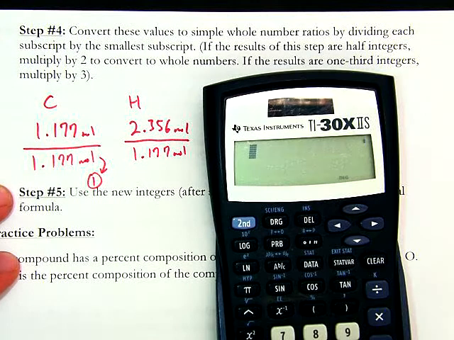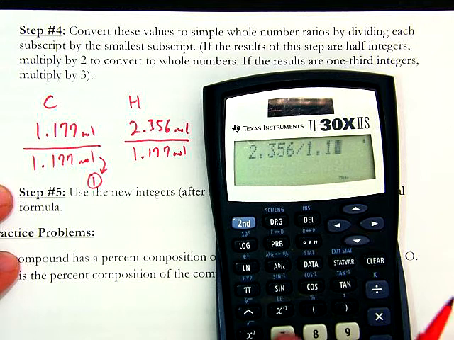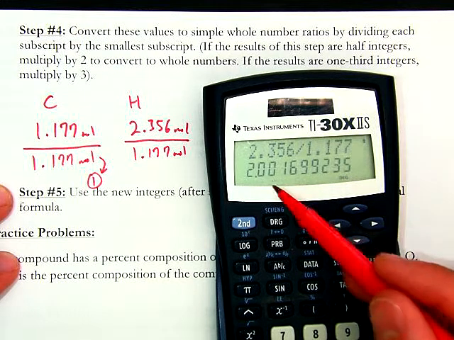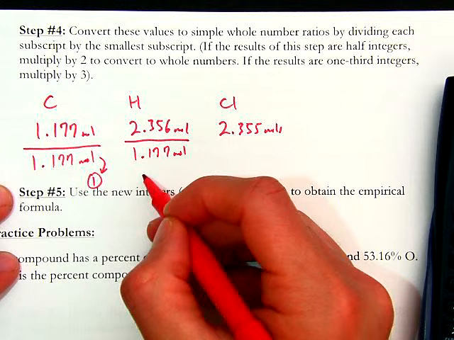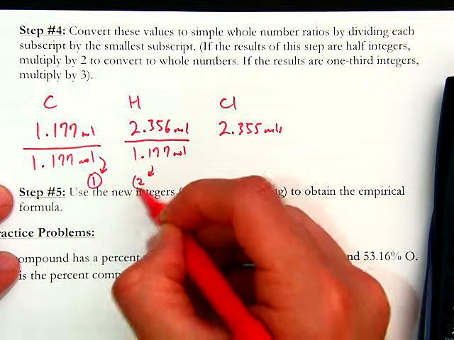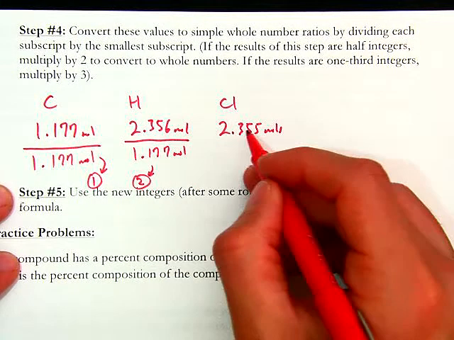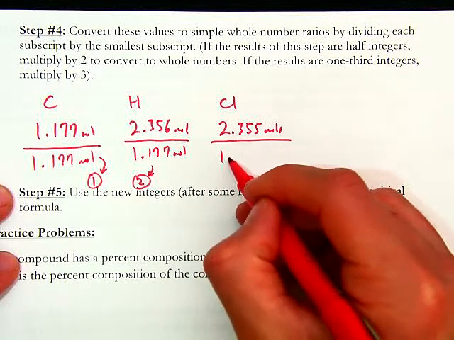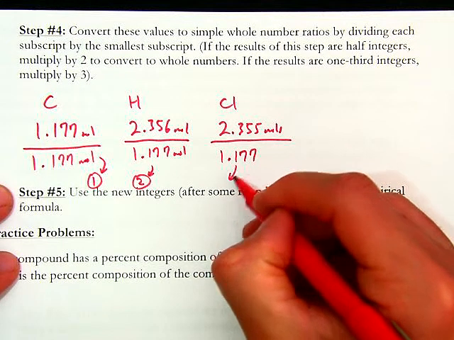If I take 2.356 divided by 1.177, I get this number, which is almost exactly 2, right? It's basically 2. We're going to have a little bit of rounding, but that's basically 2. And this is pretty much the same number as this. If I do this division, again, I get 2.